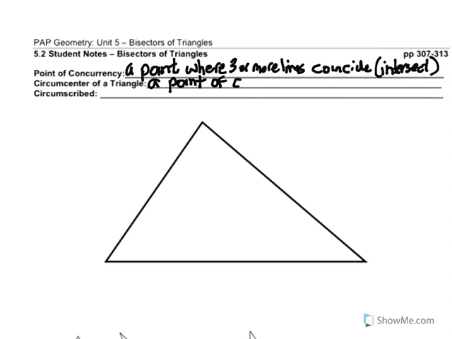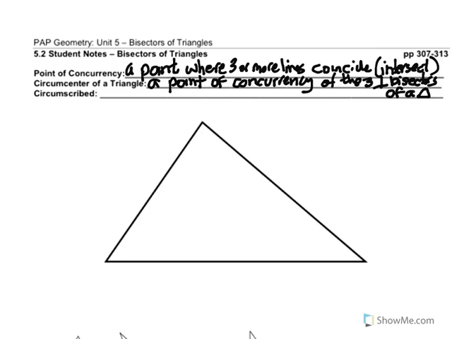It's a point of concurrency of, excuse me, the three perpendicular bisectors of a triangle. So you have a triangle, you go to each side, find the perpendicular bisector, draw the line, and where those three lines meet, that's your circumcenter of a triangle.